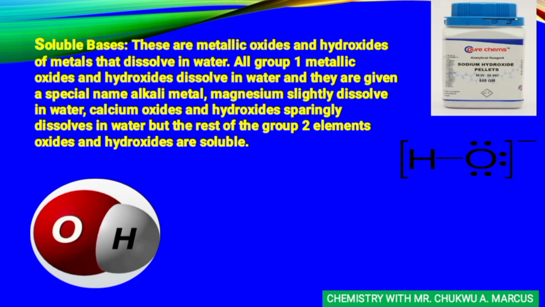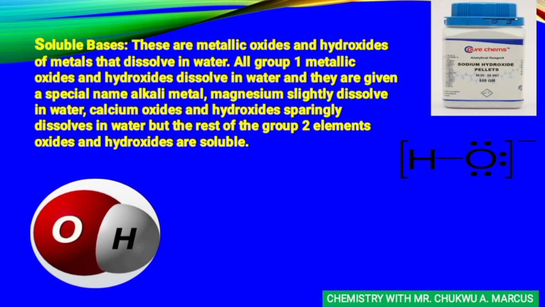Yes, that is what we call them, those group 1 elements. So magnesium will slightly dissolve in water. That is, magnesium oxide or its hydroxide will hardly dissolve in water. Let's just put it like that. Calcium oxide and hydroxide sparingly dissolve in water.